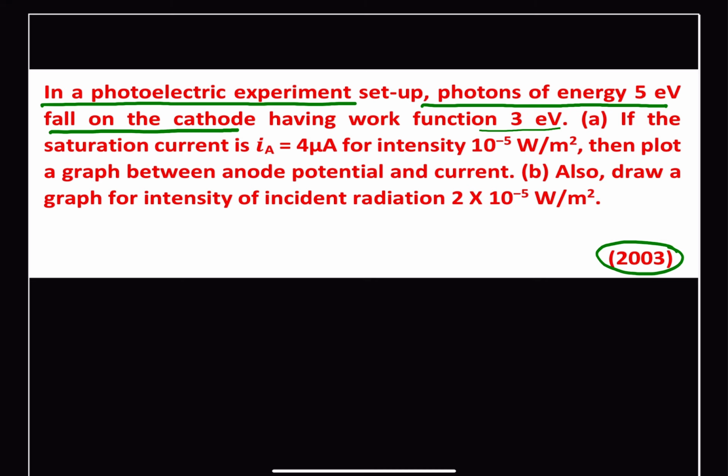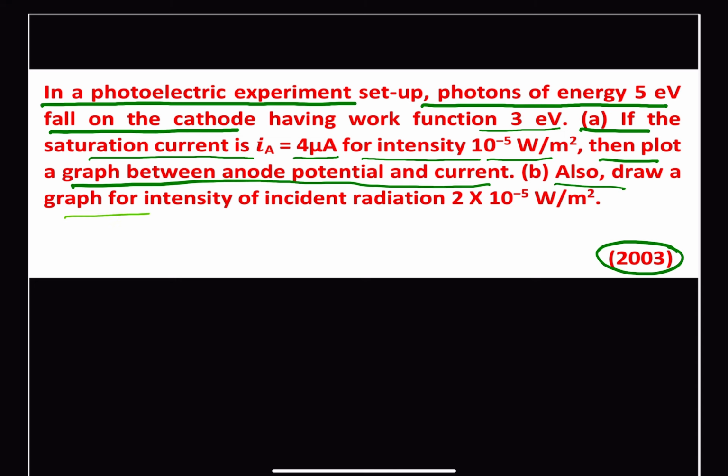In part A, if the saturation current is 4 microampere for an intensity of 10 to the power minus 5 watt per meter square, then plot a graph between anode potential and the current. In part B, also draw the graph for an intensity of incident radiation 2 into 10 to the power minus 5 watt per meter square.